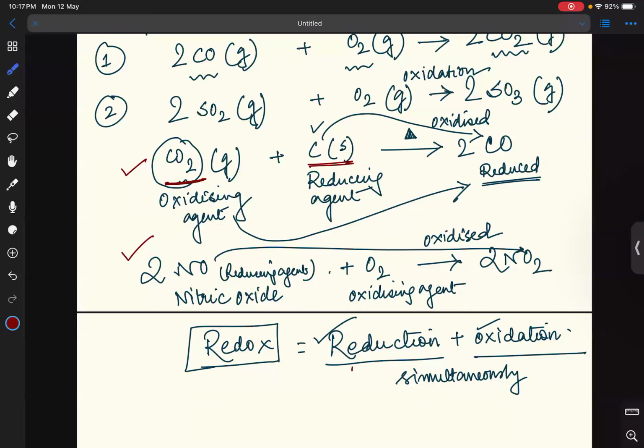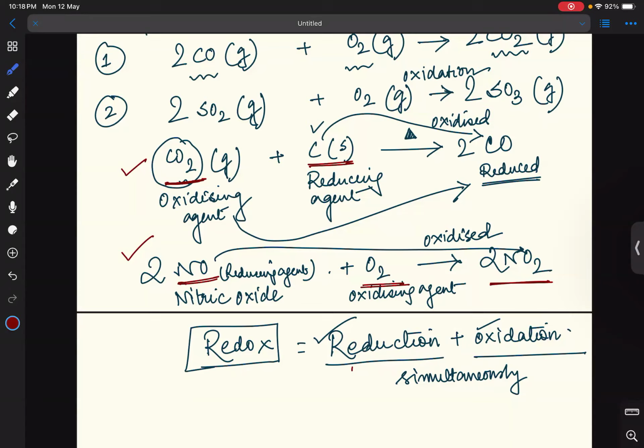And whichever is the reducing agent will snatch away oxygen, that means itself will get oxidized. Similarly, over here, nitric oxide is the reducing agent. So itself, it will get oxidized by taking away oxygen to nitrogen dioxide. And oxygen is the oxidizing agent. So itself, it will get reduced to nitrogen dioxide because it will be giving away its atoms of oxygen.